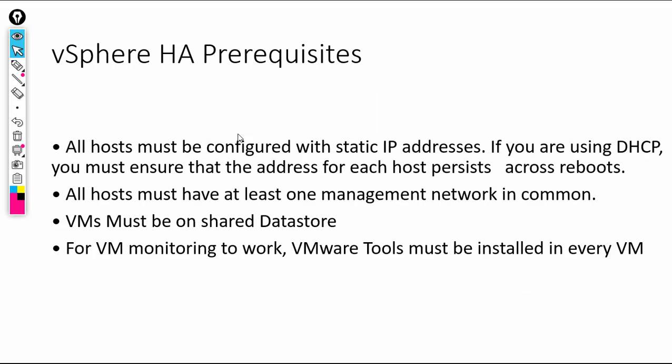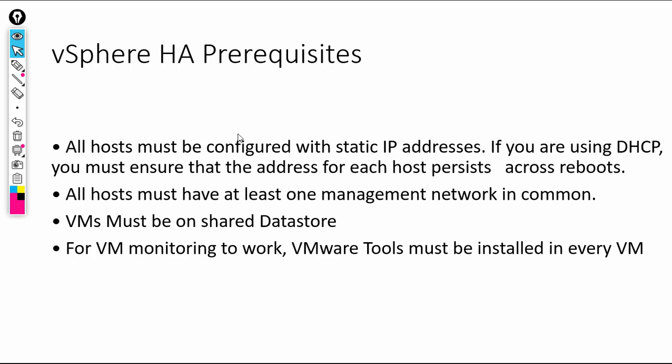So there are some prerequisites to configure an HA cluster. First of all, hosts must be configured with a static IP address. If you are using DHCP, then you need to reserve the IP, or map the IP address with the MAC address to prevent the IP from changing.